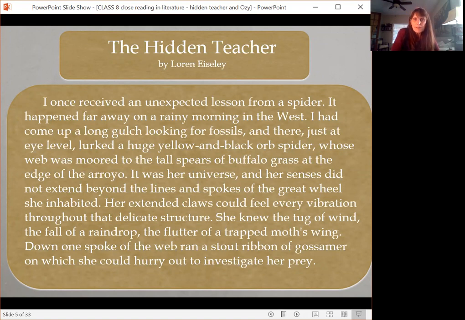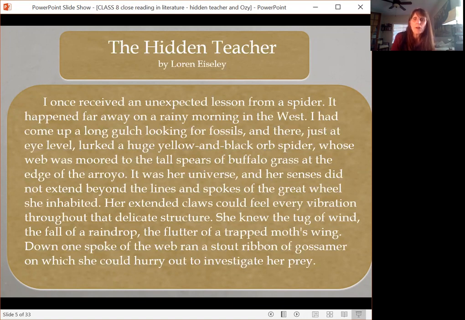I once received an unexpected lesson from a spider. It happened far away on a rainy morning in the West. I had come up a long gulch looking for fossils, and there, just at eye level, lurked a huge yellow and black orb spider, whose web was moored to the tall spears of buffalo grass at the edge of the arroyo. It was her universe, and her senses did not extend beyond the lines and spokes of the great wheel that she inhabited.